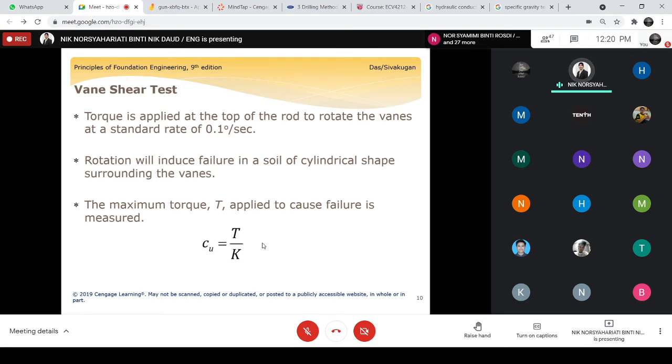We try to make sure that the rotation will induce the failure in soil. Then the maximum torque, in order to find the unconfined compression, we can use this equation, where T is torque.